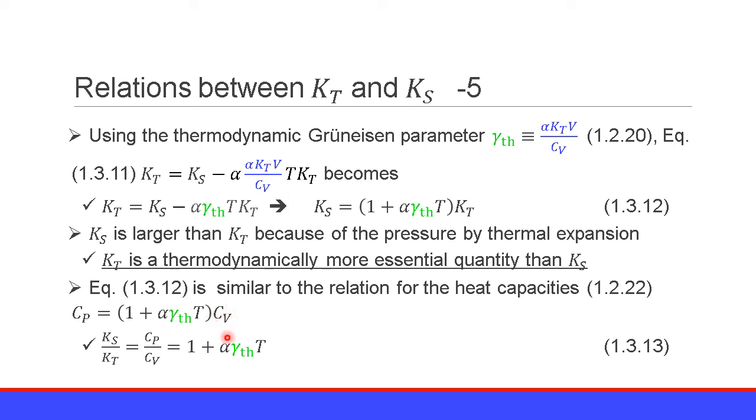Namely, the ratio of the adiabatic bulk modulus Ks to the isothermal bulk modulus Kt is equal to the isobaric heat capacity Cp over the isochoric heat capacity Cv, which is equal to 1 plus alpha gamma th T, equation 1.3.13.